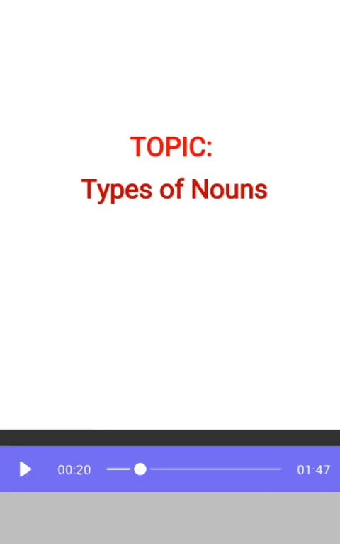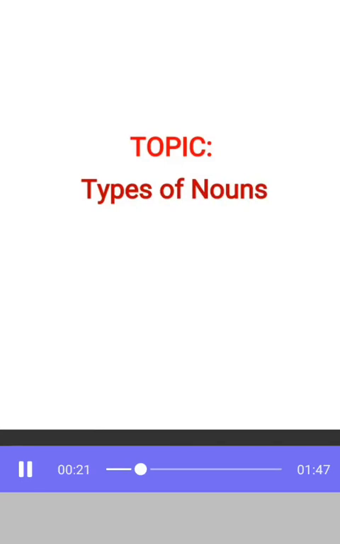And so we are concentrating on one of these parts of speech, nouns, and in the focus we want to look at the types that exist and of course the functions they play in sentences. And so again, the lesson topic is types of nouns.